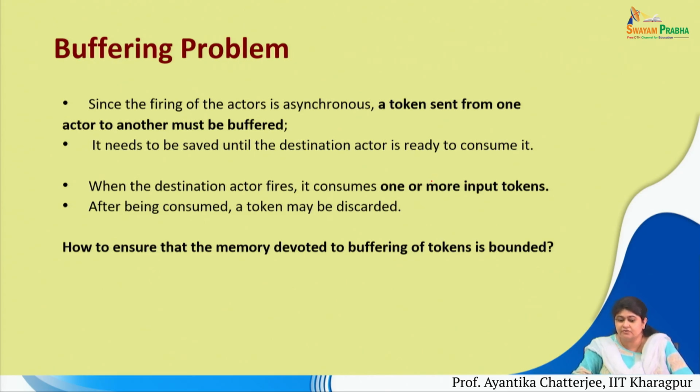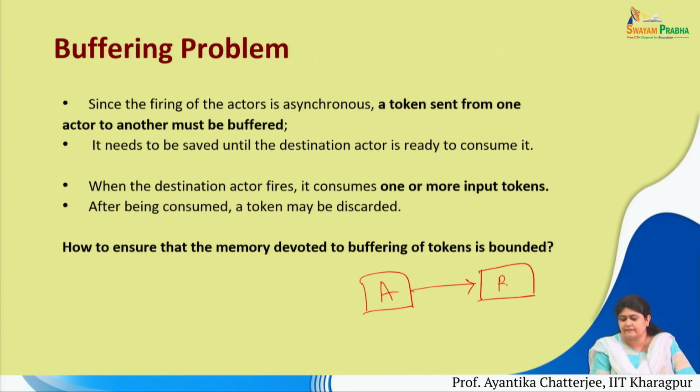The first thing we need to understand is that there is a dependency of data, and these firings are asynchronous. So whenever we consider this type of communication, whenever A is firing, the output is getting consumed by B.